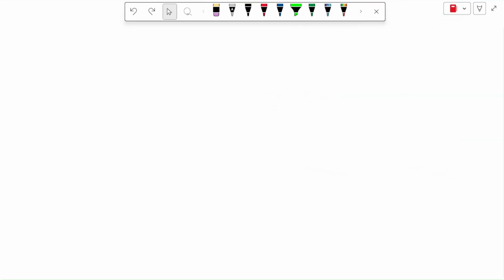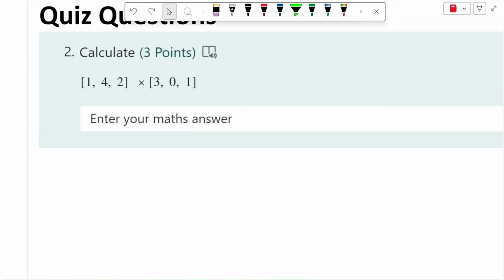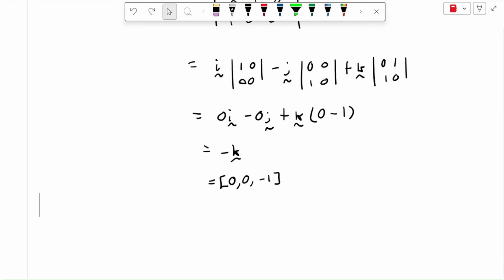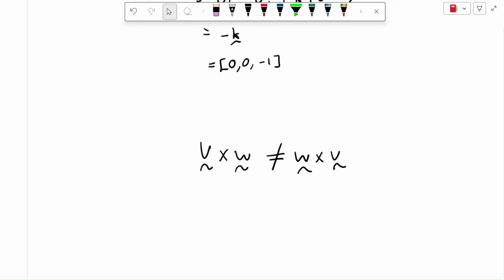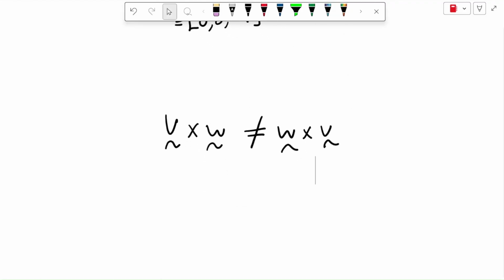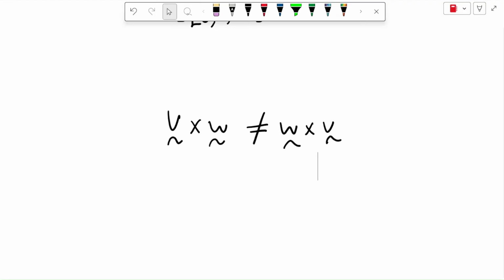So for the cross product, it does actually matter what order you do it in. So in general, v cross w does not equal w cross v. We have to be very careful. It's probably our first example that we've had seriously where the order actually matters when you're multiplying things together. So be very, very careful with this.